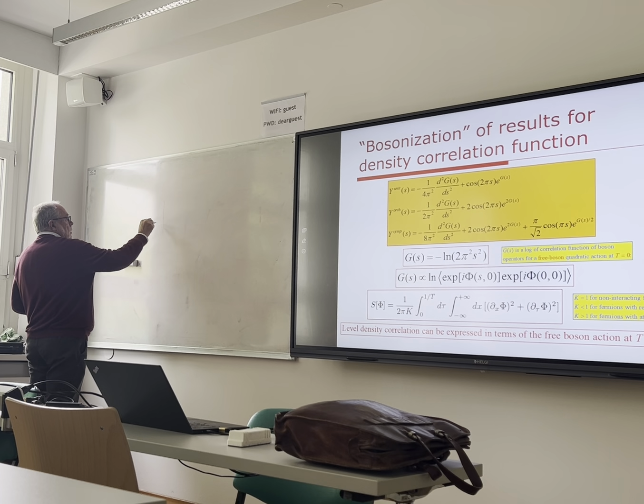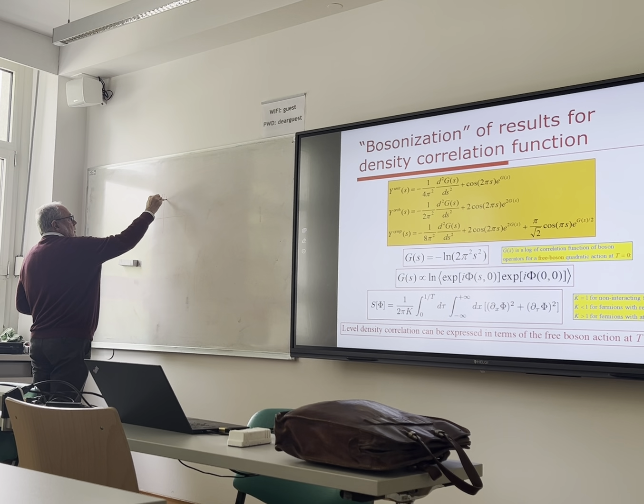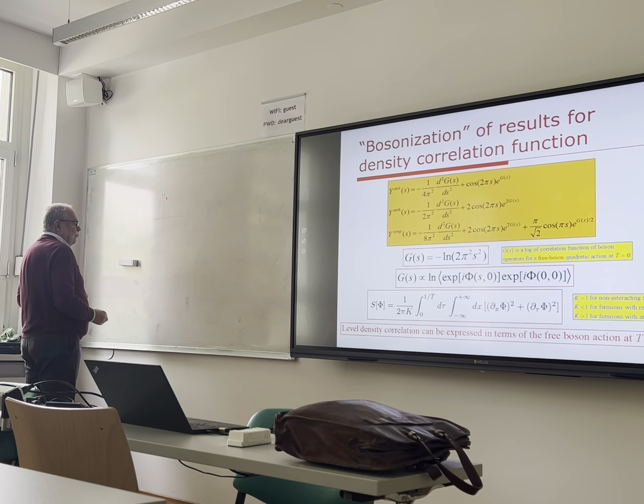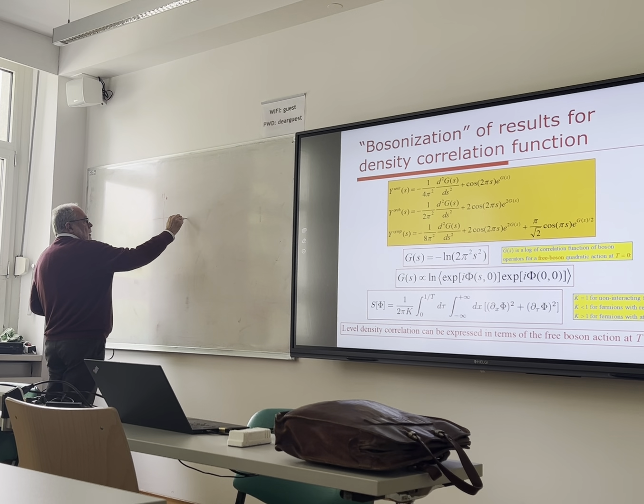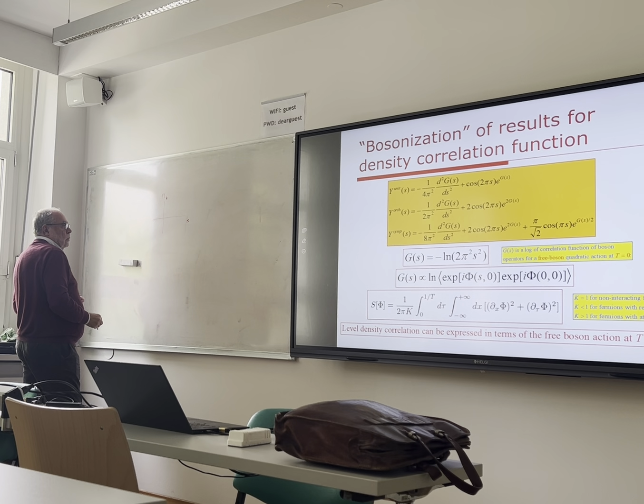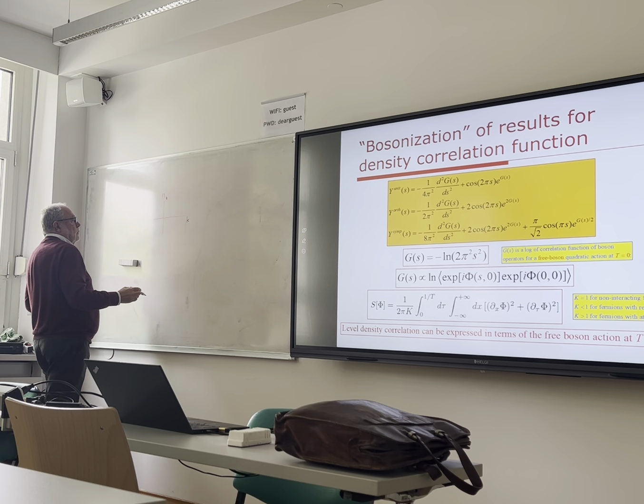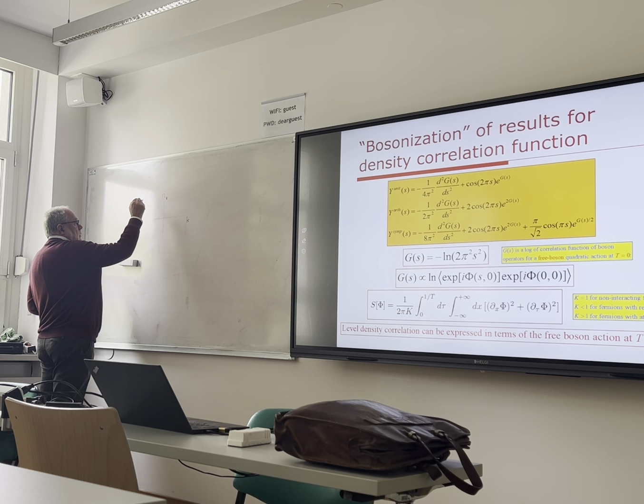So what do we know about Fermi liquid? Let us consider the occupation number as a function of momentum. For free fermions, we know what happens at zero temperature: there is a Fermi step.